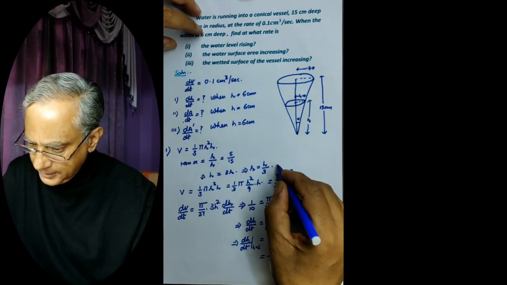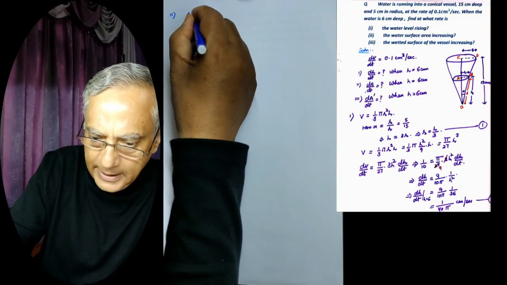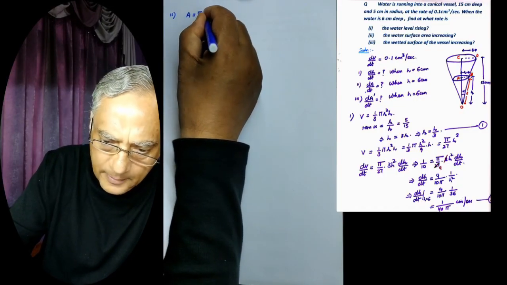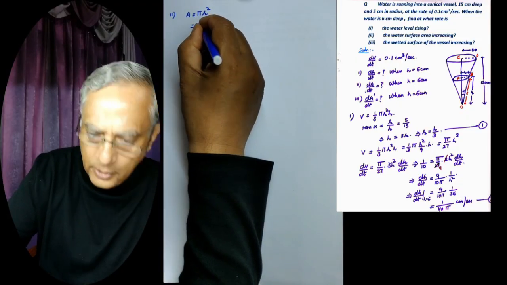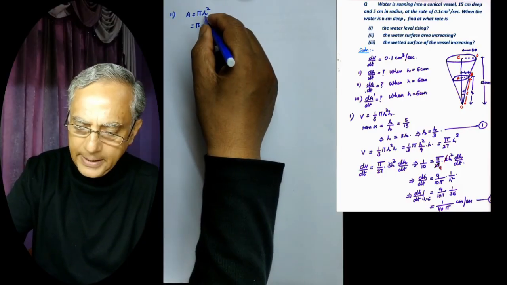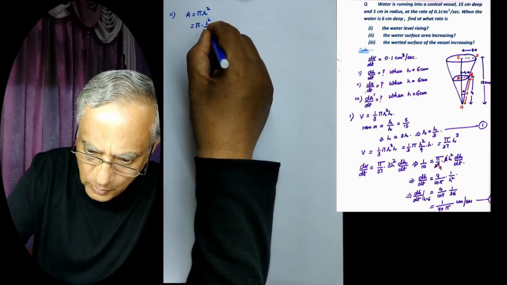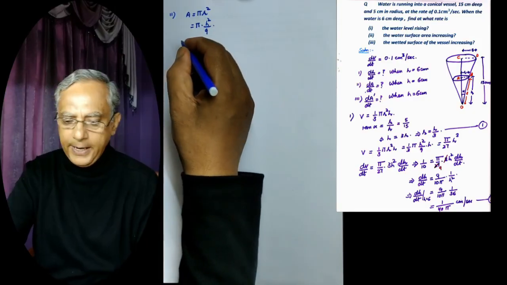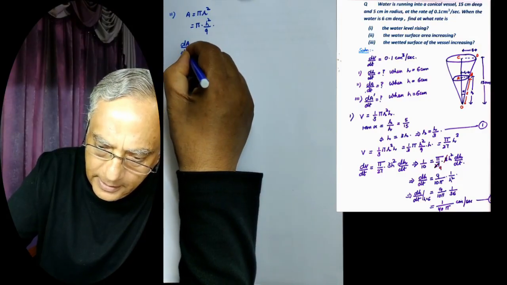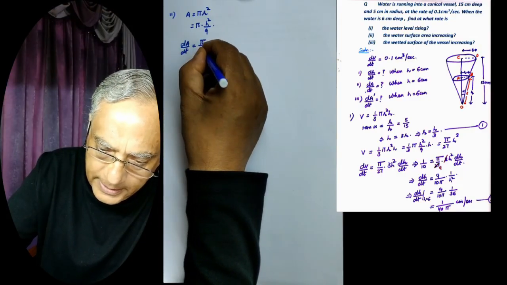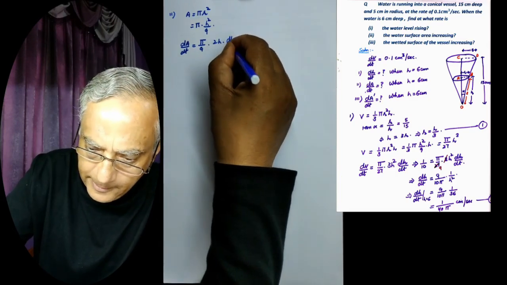A is equal to pi into r square, r is h by 3, so this will be h square by 9. And we have to find dA by dt. So dA by dt is equal to pi by 9 into 2h into dh by dt.